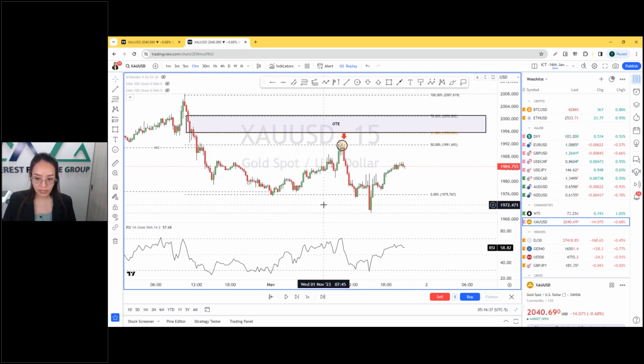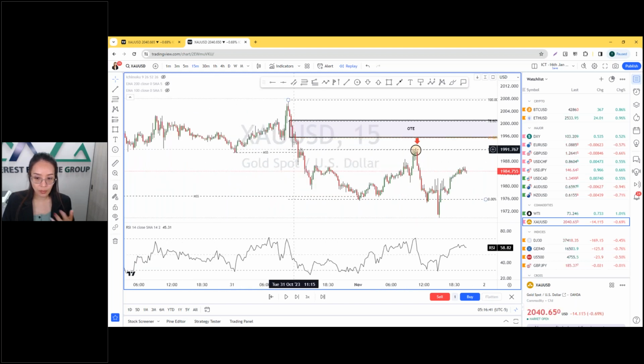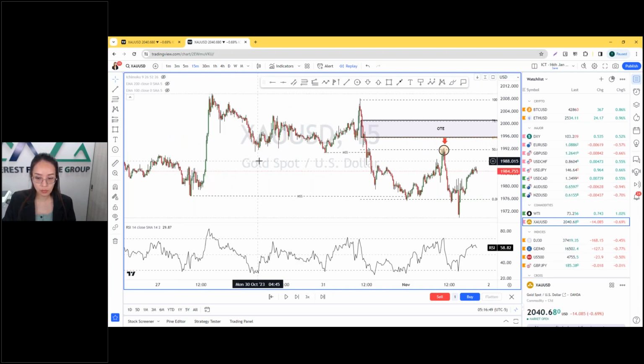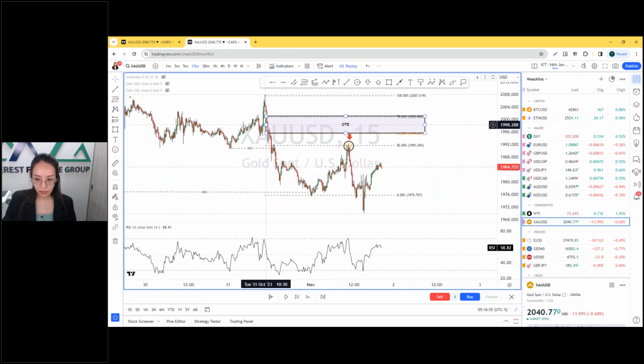This is how you place the entry. But again, the most important thing, if you want to take ICT, they need to make a market structure shift, which is changing from uptrend to downtrend. They need to break the previous low, which is this one. Okay, then you wait for price to pull back at the zone, and then you sell.